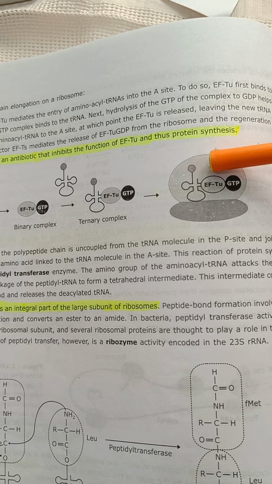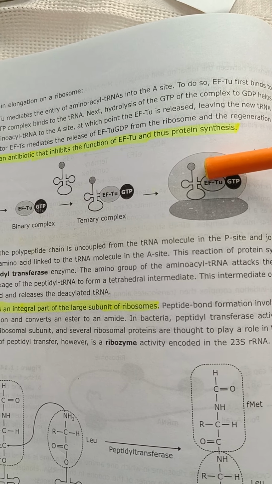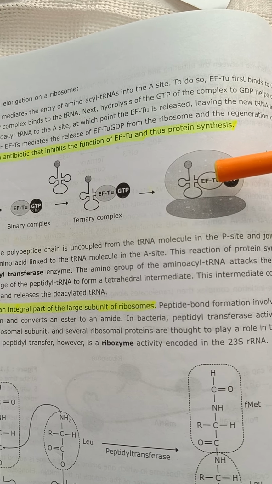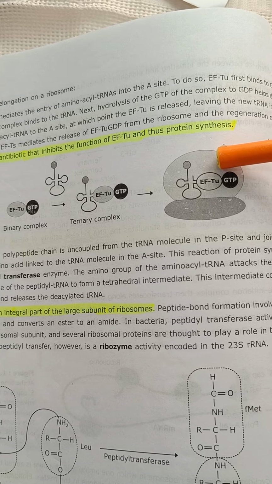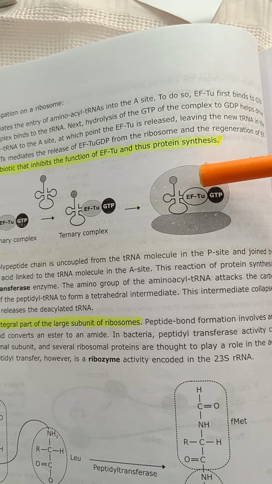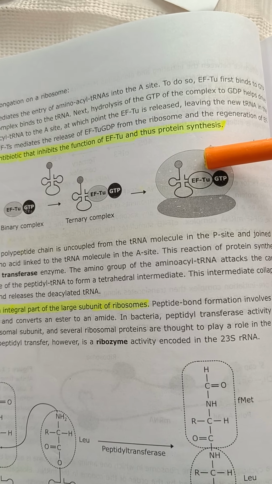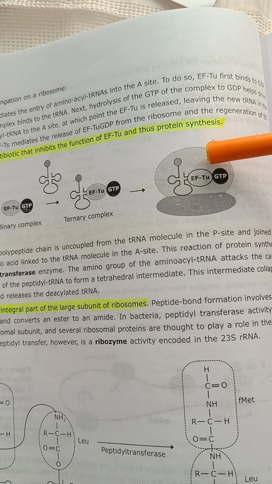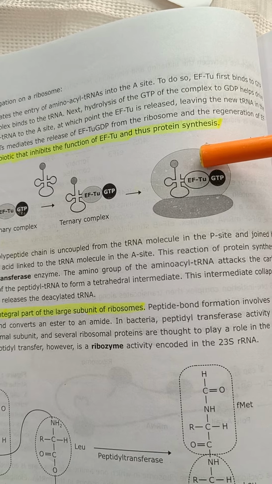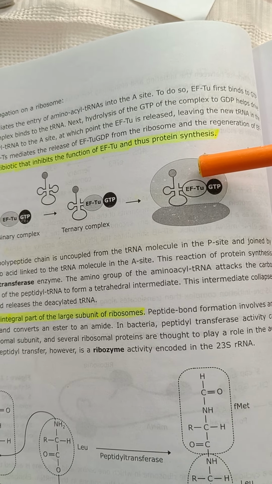Now this second tRNA, which is directed by EF-Tu, should reach the A site of the ribosome, because the P site is already filled by the initiator tRNA. Right.